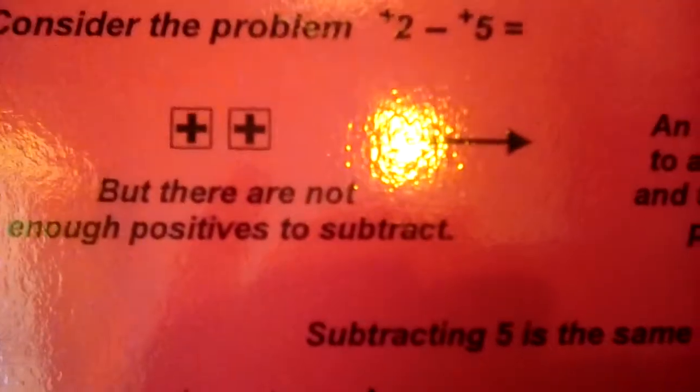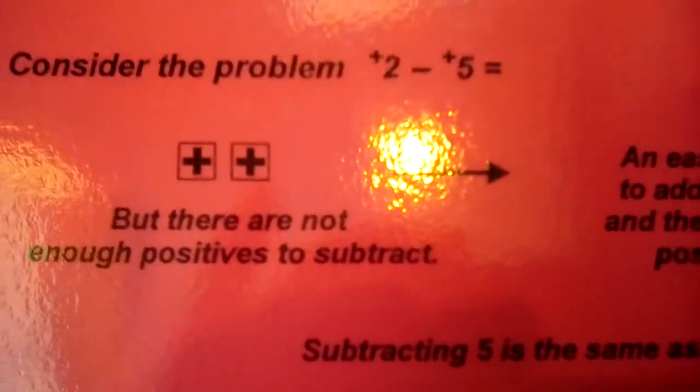So consider the problem. Here I have a +2 and I want to subtract a +5. If I just write down a +2, there's my 2 positives, I can't take away 5 of them, right? So an easy way is to add 5 zeros. Here's my 5 zeros. Remember, a positive and a negative together equals a 0.